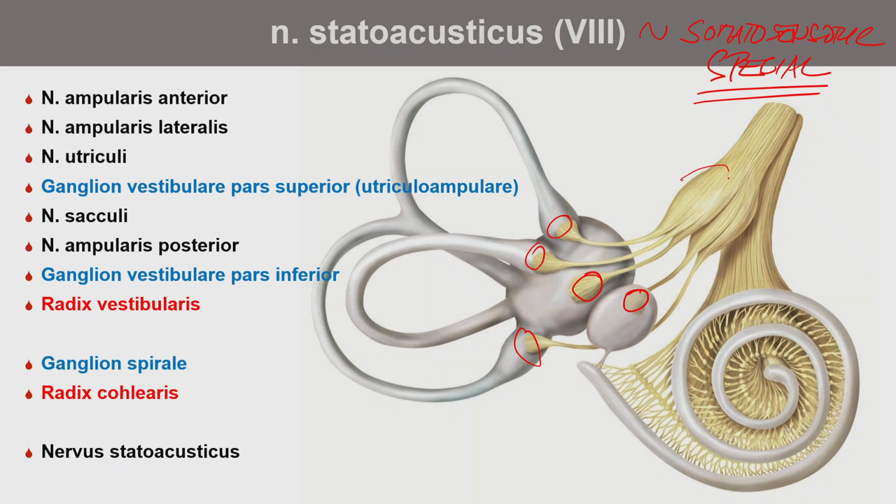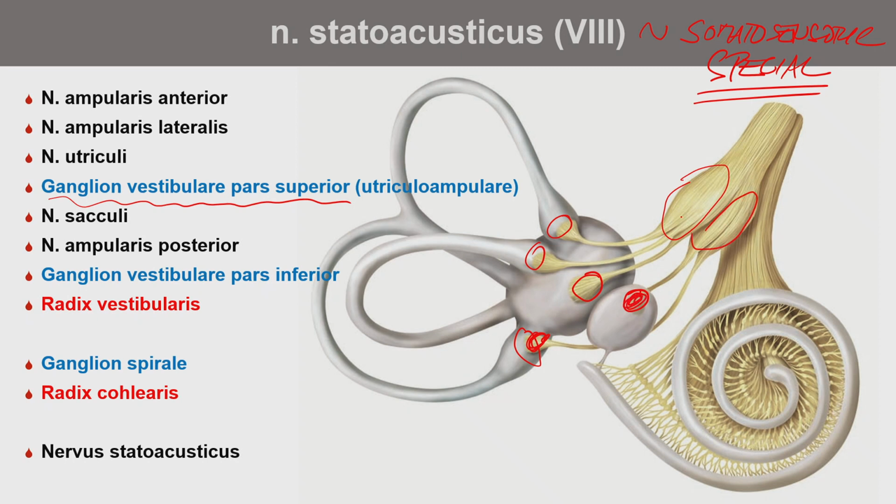One is the superior ganglion, which is called ganglion vestibulare pars superior, or also utriculo-ampular, takes information from anterior, lateral ampulla and utriculus, and the inferior from posterior and sacculus.